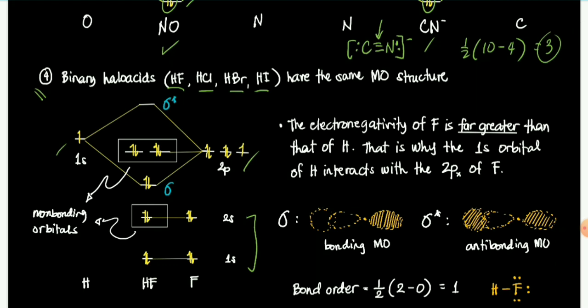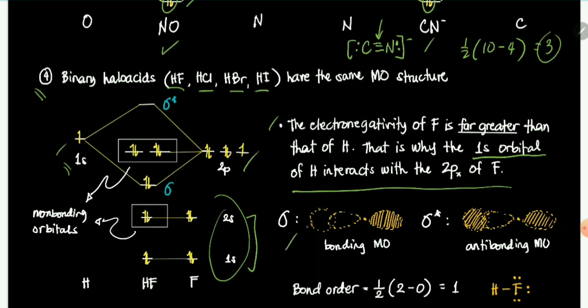So hindi siya makakapasok dun sa mga inner orbitals. Okay? So the electronegativity of F is far greater than that of H. That is why the 1s orbital of H interacts with the 2px of F. So sobrang tightly held na kasi ng 2s and 1s, kaya nasa pinakaloob na siya ng inyong fluorine. So yung 1s ng hydrogen, nakakapag-interact na lang siya dun sa mga orbitals dun sa n equals 2 subshells, or yung 2s and 2p subshells. Okay? So ito lang yung interaction.